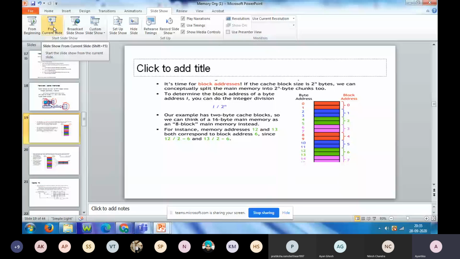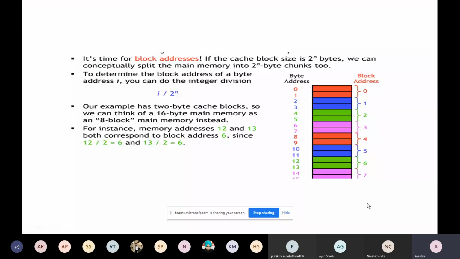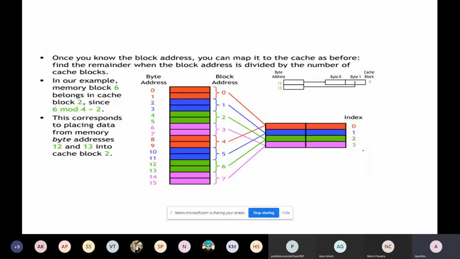But here we will start our discussion from our main memory. You can see this is our main memory, divided into different blocks. Whenever we are considering some huge memory and trying to map it to a smaller memory, we need to understand that of course we cannot map all the blocks at a time, right?